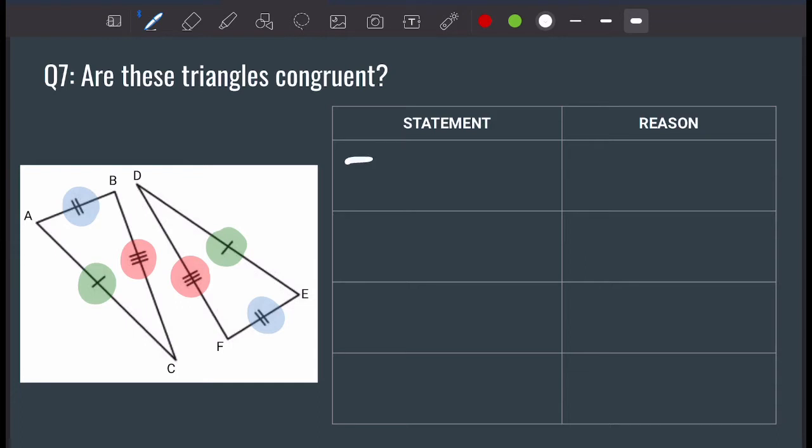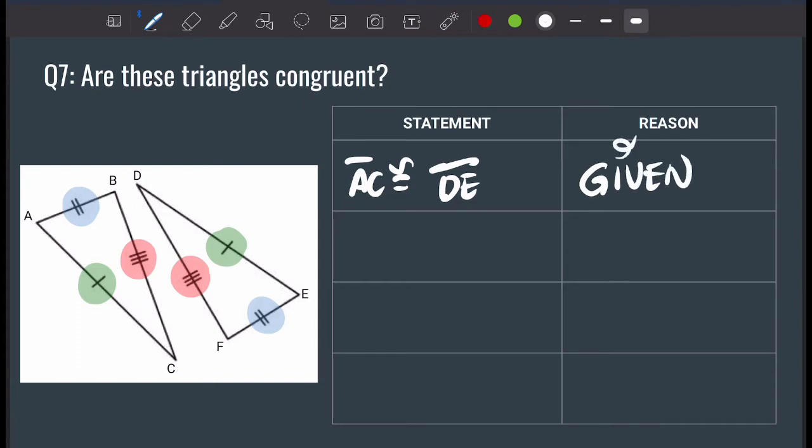So line AC is congruent to line DE, given. It's given. So line AC and line DE, okay? Next. Line AB is congruent to line EF because they each have two strokes, okay?